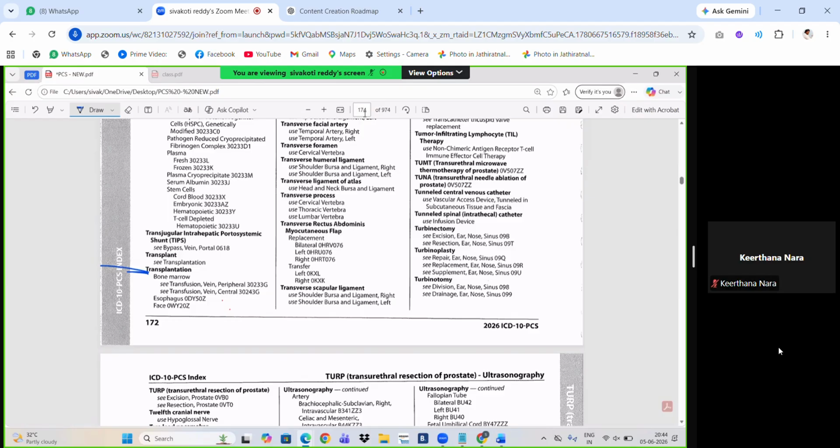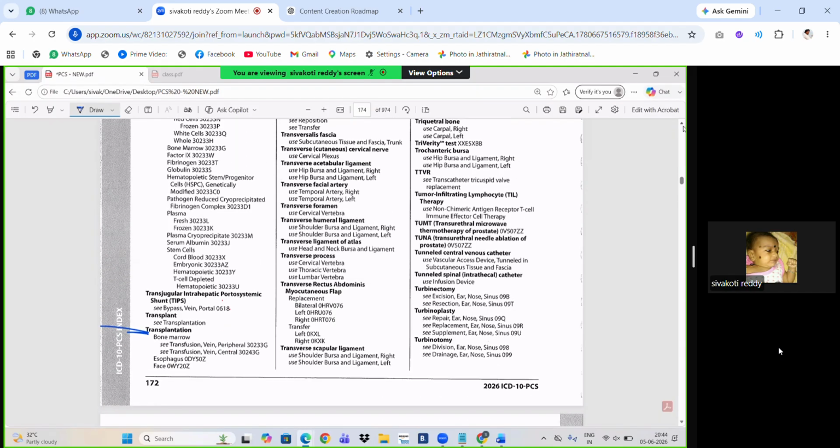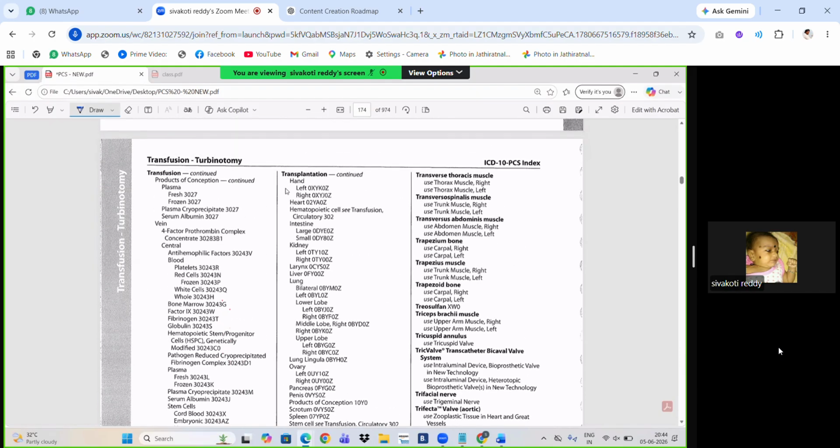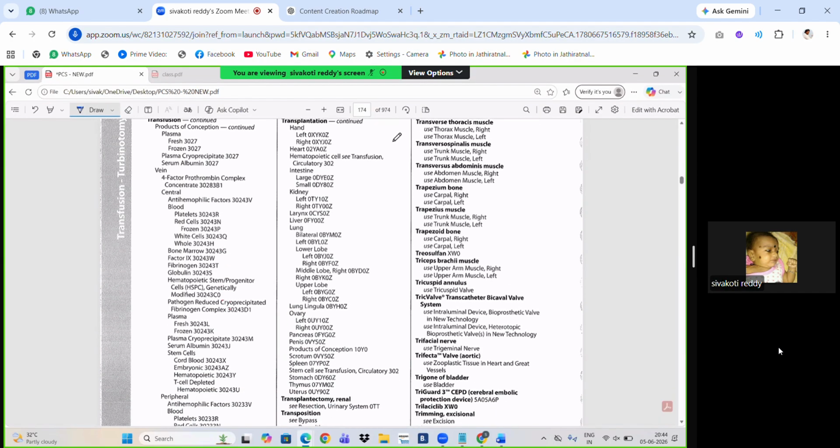So now if they transplant any organ, here we need to check. Transplantation, bone marrow, face, esophagus, heart, intestine, kidney, larynx, liver, lung, pancreas, penis, scrotum, spleen. Here they gave the body part names. Suppose they transplanted liver, what is the character code? Fine.